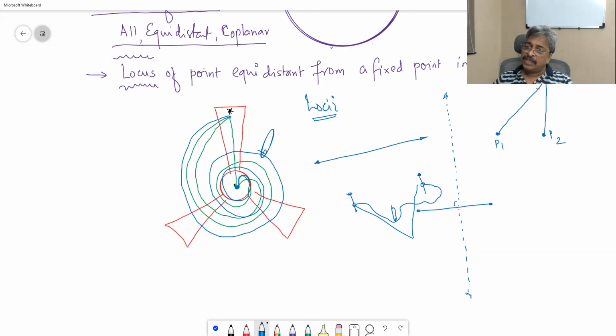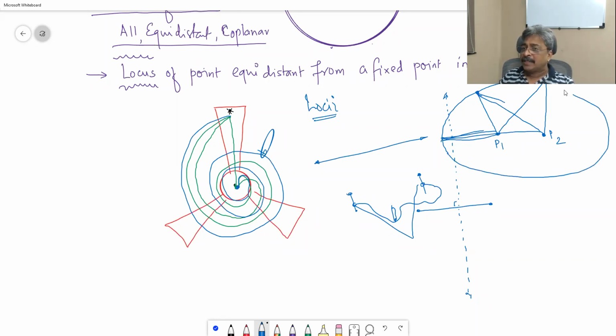Because it is a thread and the pen is inside that thread, I can keep moving my pen like this. At any moment, the length of the thread is fixed and they are in stretched position. Maybe here they are overlapping each other. If you keep doing that, you will get some geometry, that is an ellipse.